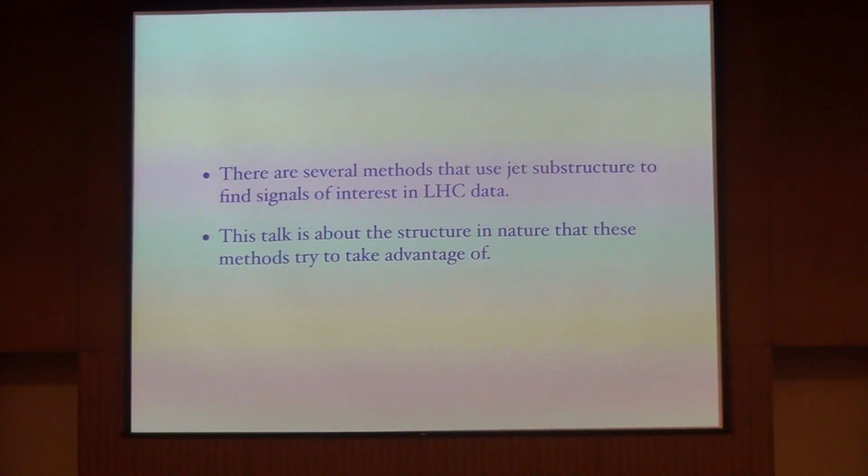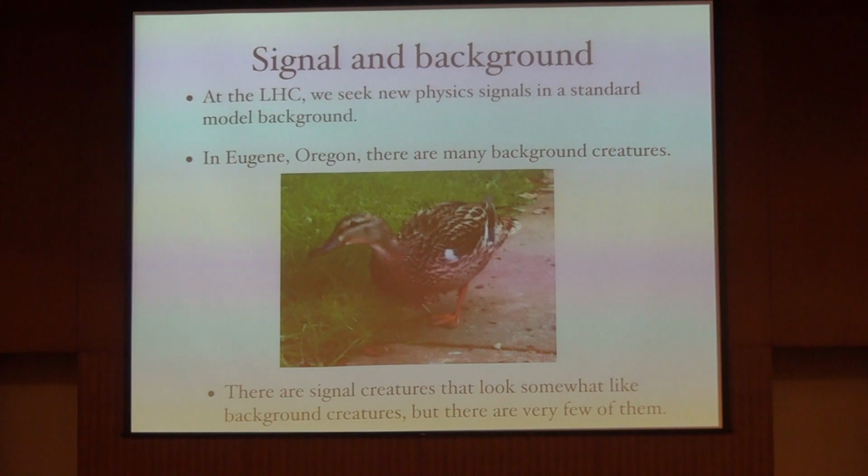So I'm not going to try to tell you about particular methods for using jet substructure, but rather about what's in nature that it is that you're looking for. That way, if you hear a talk about jet substructure and the person made these cuts, you'll have some idea of what the reason was behind the way it was organized.